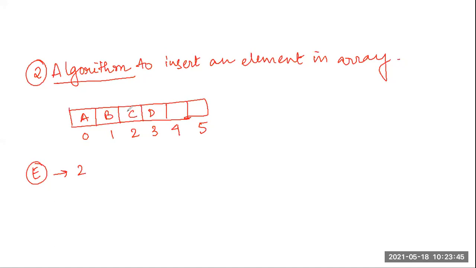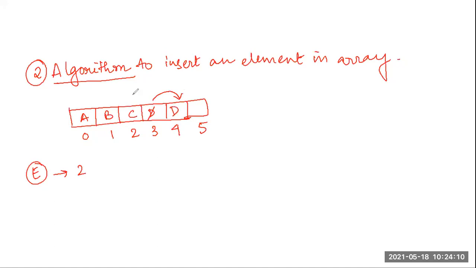In array, the problem, as we have studied in the disadvantages of array, is that when I want to insert any element, I need to shift all the elements. So first I need to shift this element to this location. Then this location will be vacant. So now D is here.